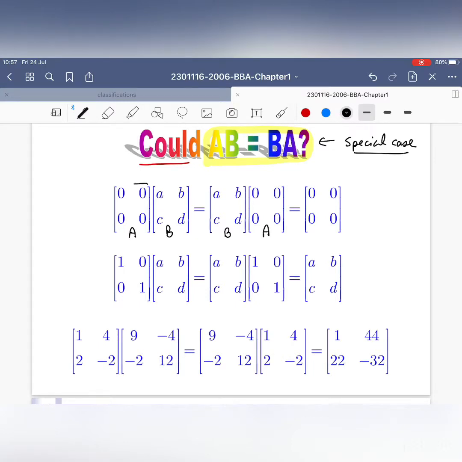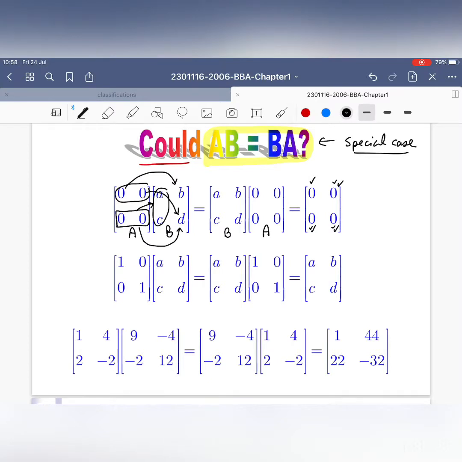So if each and every element is 0, upon multiplication you get, of course, a 0 for the first row and first column, and the first row and second column is also a 0. Of course, the second row and first column you get a 0 as well, and the second row and second column you also get 0, okay?